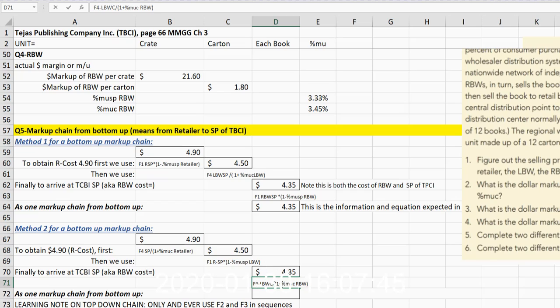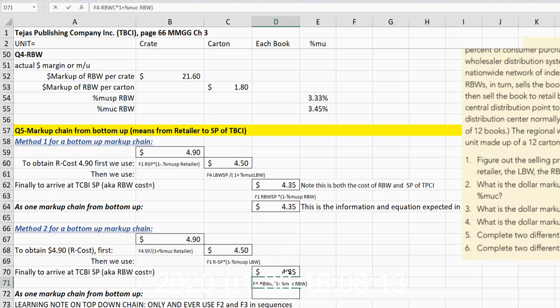So we have the outcome from this information here, and then we're actually going to use F4 again, which is multiplying times 1 plus the markup on cost by the regional wholesaler.